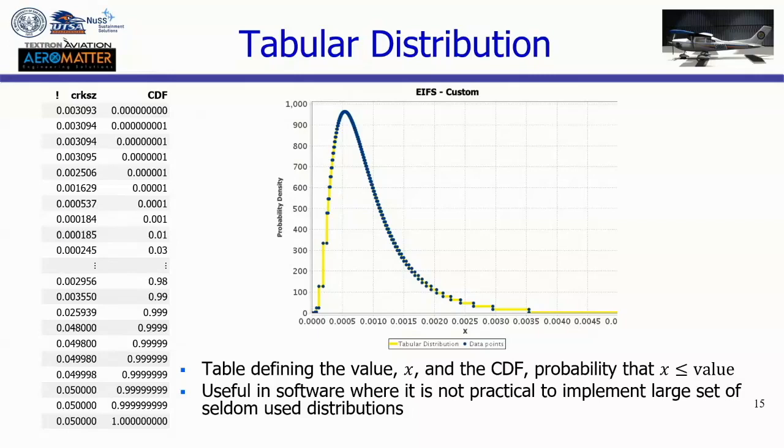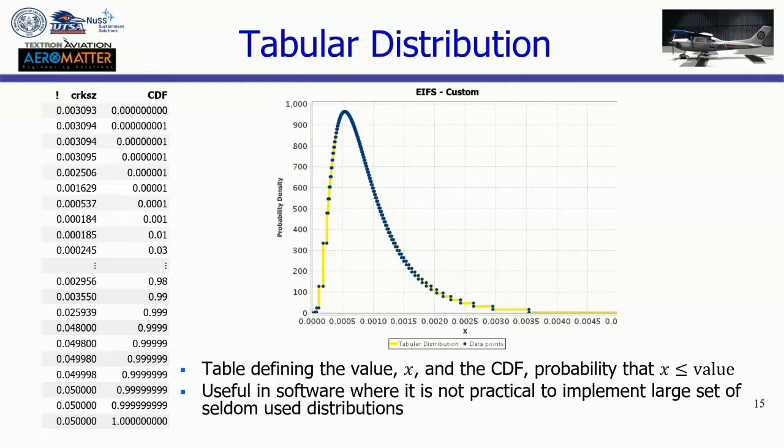Now, some software will make an assumption about what happens in the tails if you don't define the CDF all the way to 0 or all the way to 1. For SmartDT, you have to define everything down to 0 and 1. It will not make any assumptions for you about what happens if you leave off your probability right here.